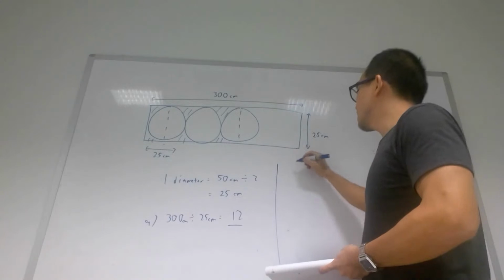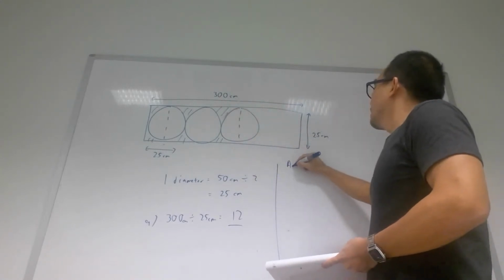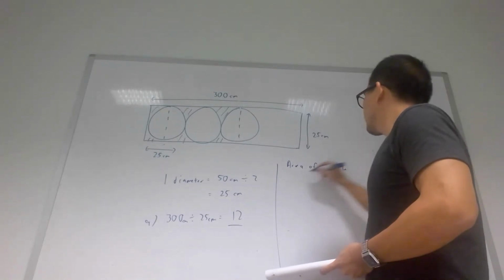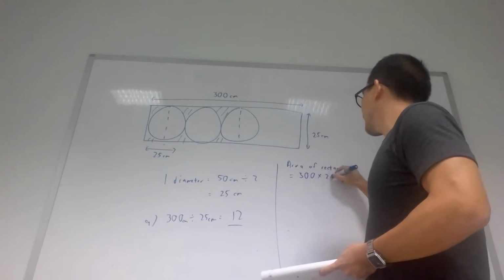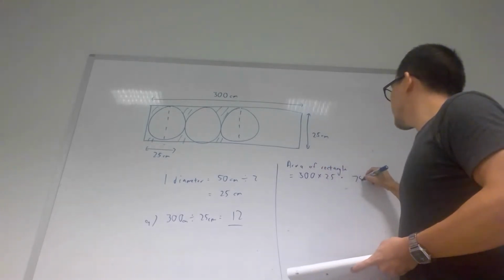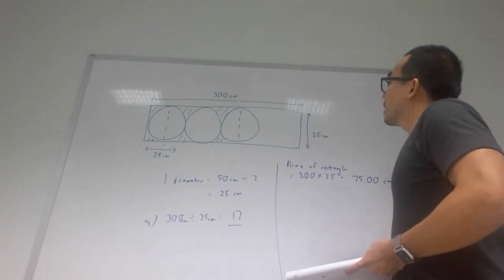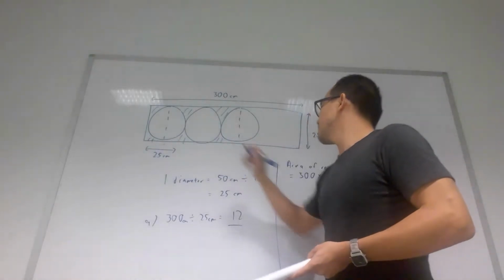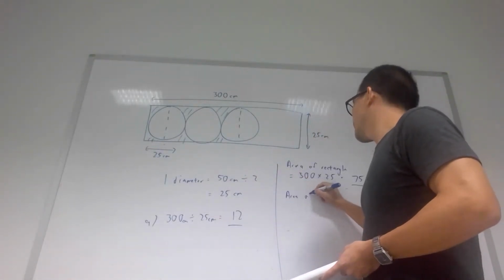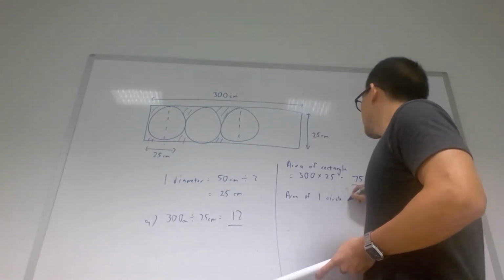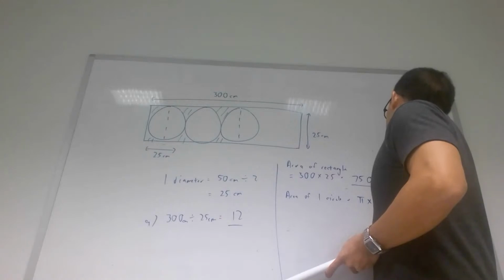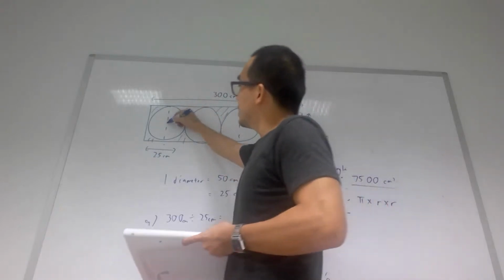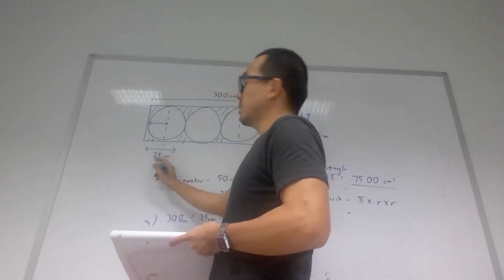Alright, so next is find out the area of the rectangle equals 300 times 25, and that gives me 7500 square centimeters. Okay, 7,500 square centimeters. Now, what's the area of one circle? Area of one circle equals pi times r times r. You must realize this is 25 cm. Okay, what is the radius then? It's half.